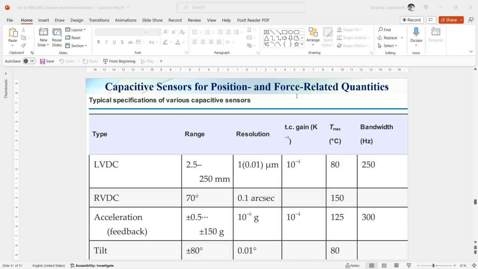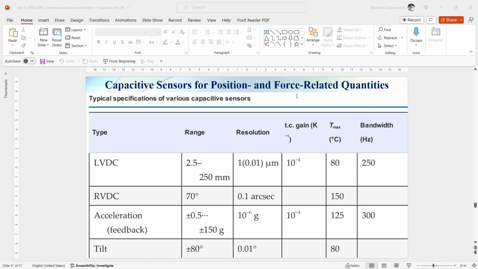When we refer to the uncertainty aspect, for a capacitive accelerometer based on feedback, this table summarizes some specifications of commercial capacitive sensors for various measurement quantities.